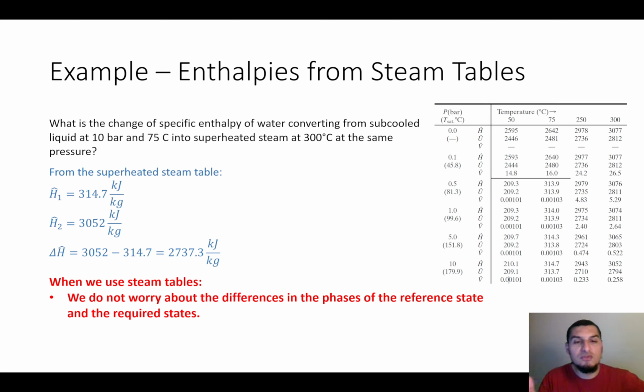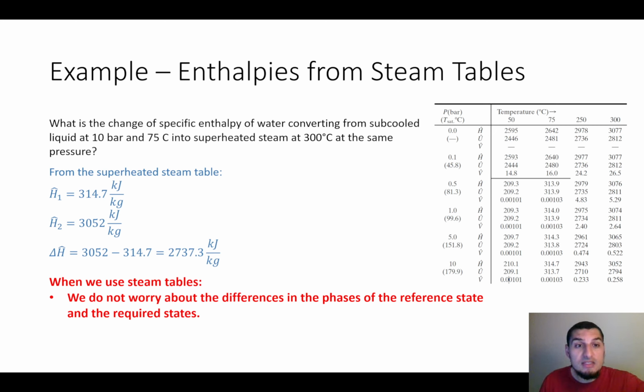In the steam table you don't even think whether the phase of the water is different from the phase of the standard state or not. You don't even think about it. This is a very important point.